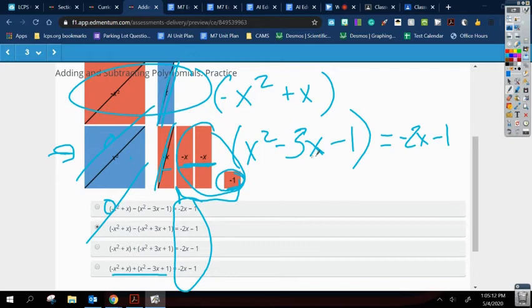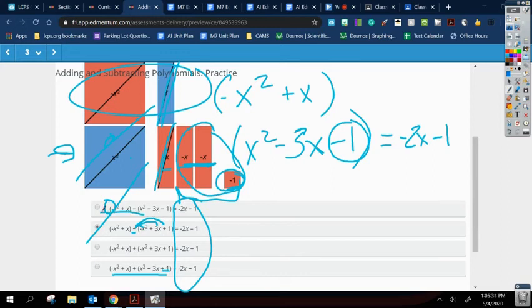But the problem is this is a negative 1, and that's a positive 1. So you could call this a subtraction, which when we subtract, that now becomes a positive, which is what happens here. That becomes a negative, which is what happens here. And that also becomes a negative, which is what happens here.